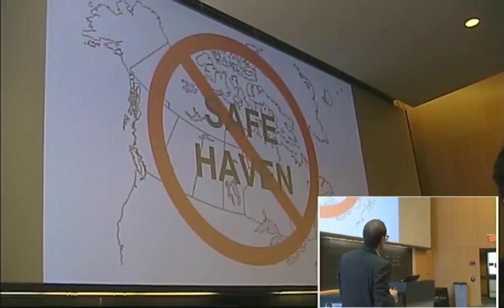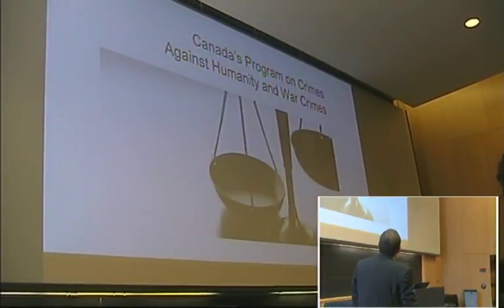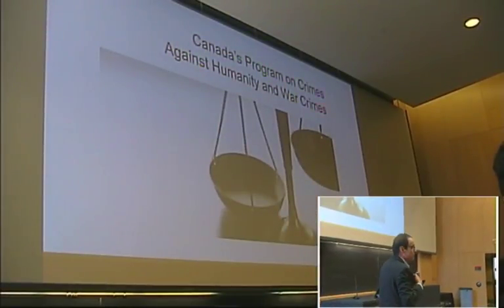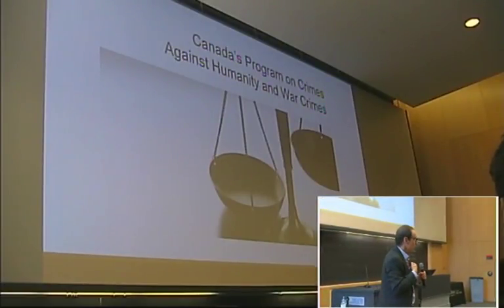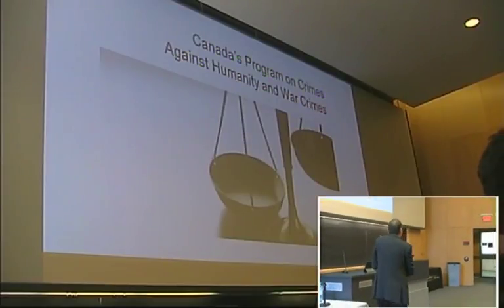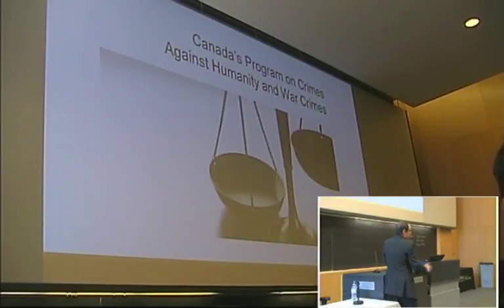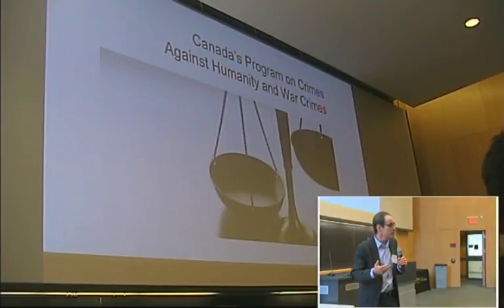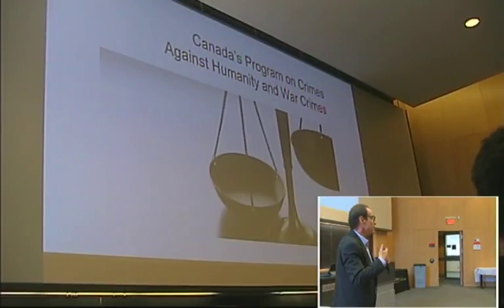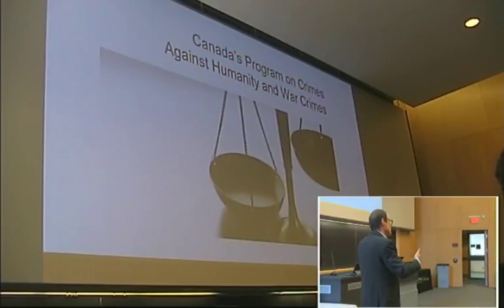So I started with the No Safe Haven principle, and that's where my office, working with the RCMP and the Immigration Services of Canada, come in, will receive allegations from people who will phone up the police, and we have very recently received allegations in the nature of the following scenario.